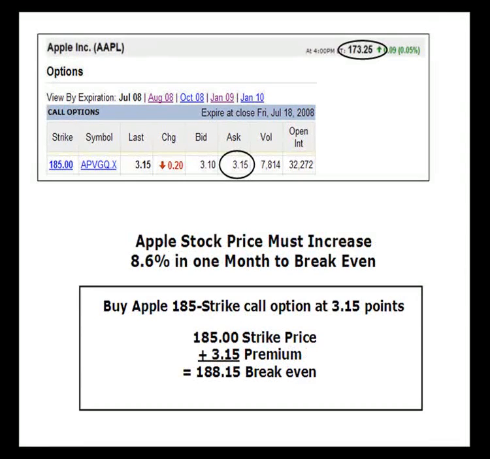Marie, yes, let's look at an example of an out-of-the-money purchase first. This option quote shows that the Apple July 185 strike call option is currently trading at 3.15 points. Apple stock is trading at 173, so purchasing the 185 strike call would be considered an out-of-the-money call purchase as the strike price is above the current price of the stock.